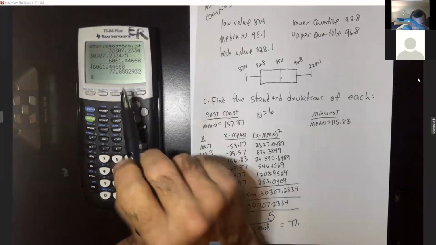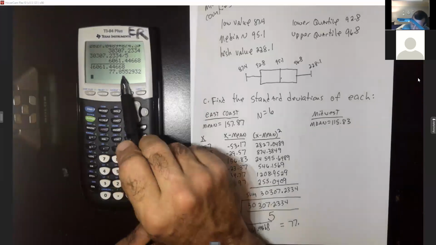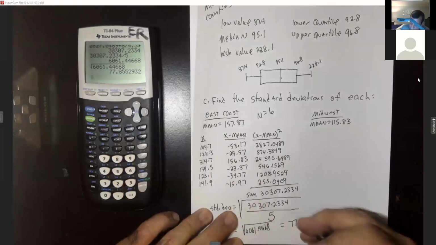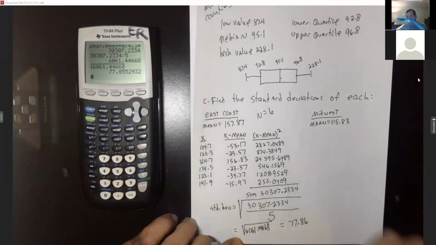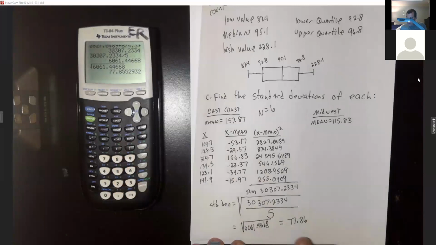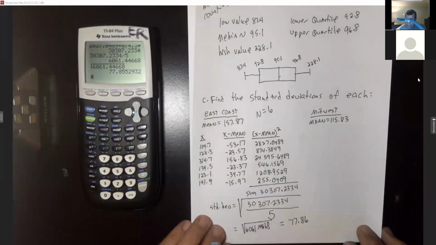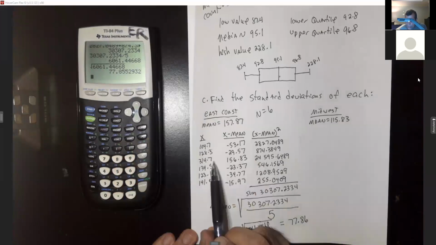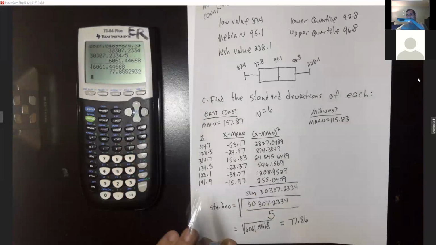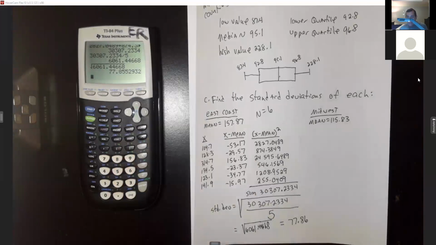Since that's a 5, I'm going to round that to a 6. So that'll be 0.86. So that is our standard deviation. But y'all notice we got some semi-low and some semi-high values on that, okay?